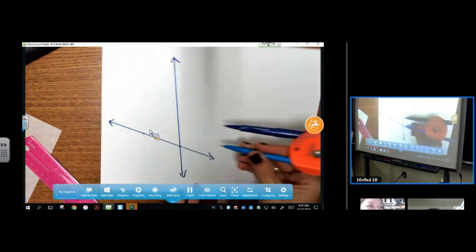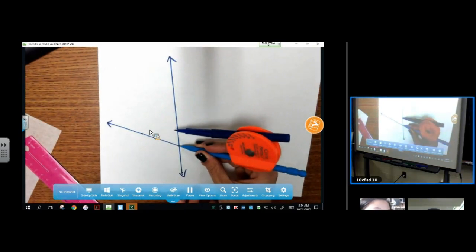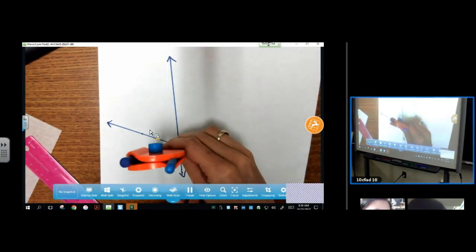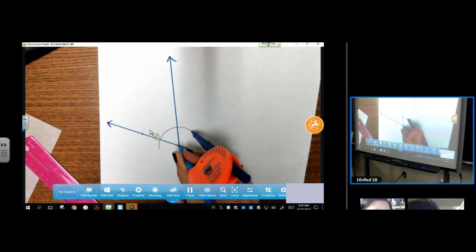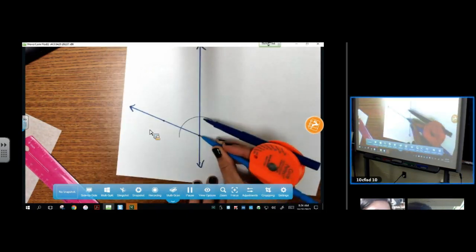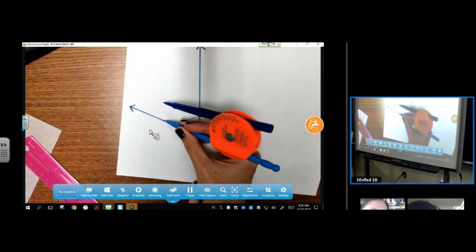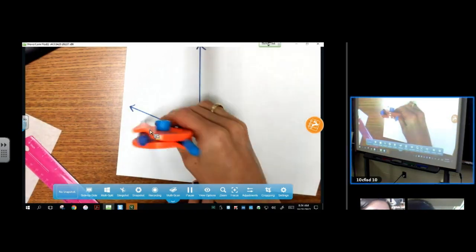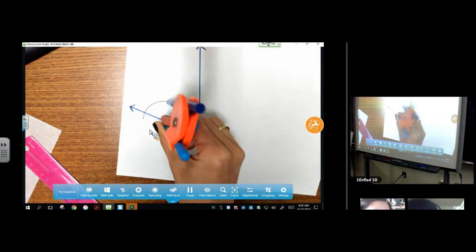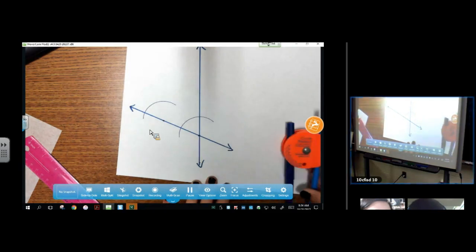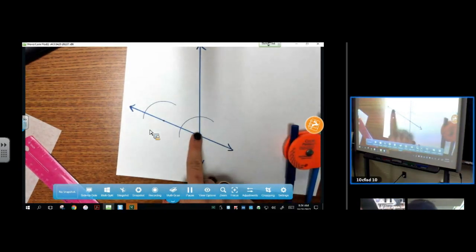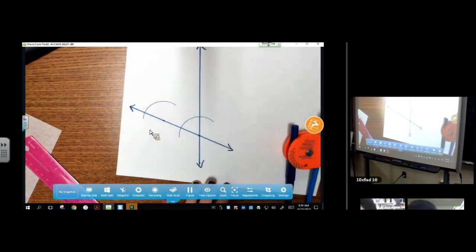So step 1, you put your needle at the intersection, you make an arc where you touch both lines, then you move your needle to that dot you made, and you make the same arc, identical twin arcs. So that's step 2. Make identical twin arcs.